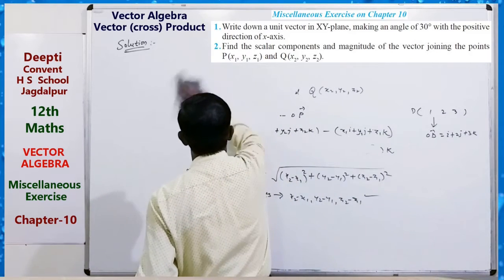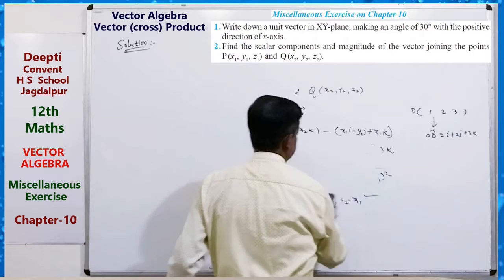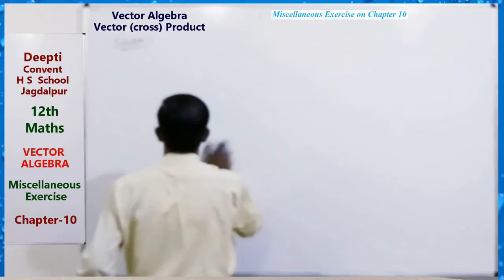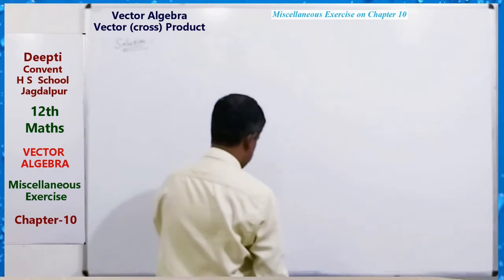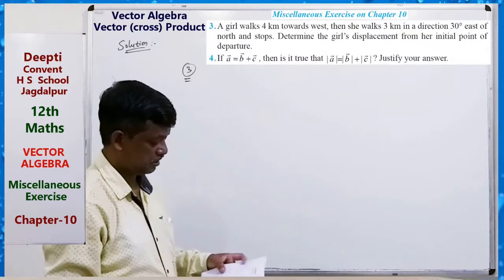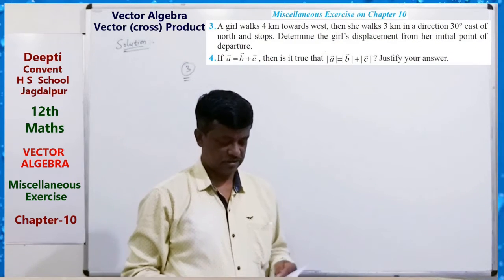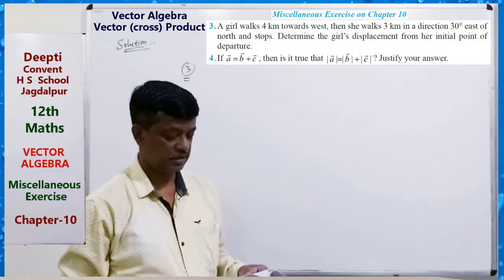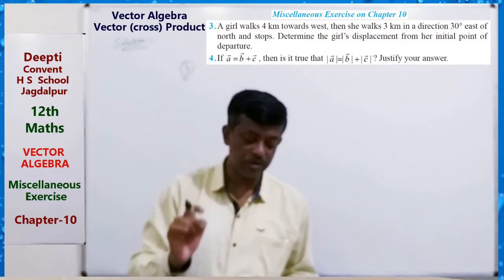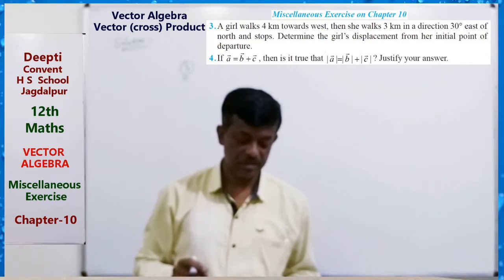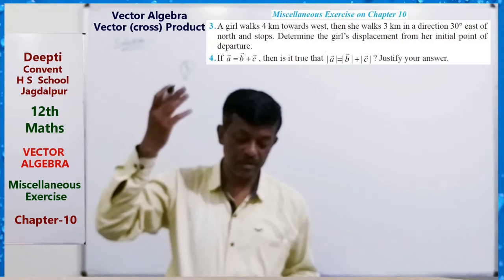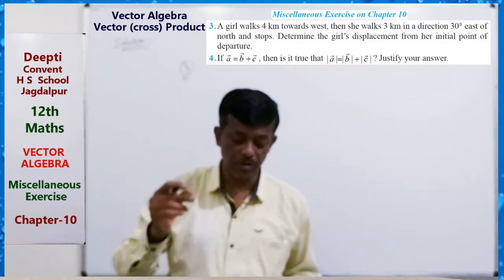Question third. A girl walks 4 kilometers towards west, then she walks 3 kilometers in the direction 30 degrees east of north.